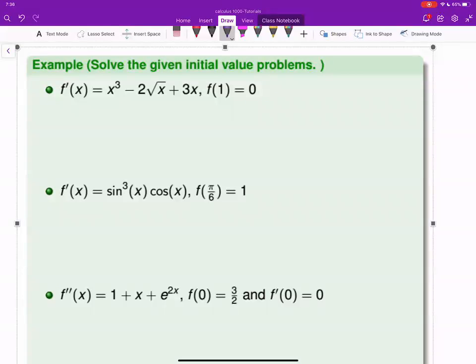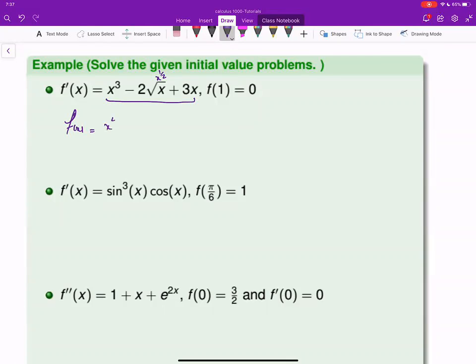Okay, so the first initial value problem is that f prime is this expression here, which is not a polynomial, but a sum of multiples of powers of x, because this is x to the power half. I can find f itself by anti-differentiating f prime.